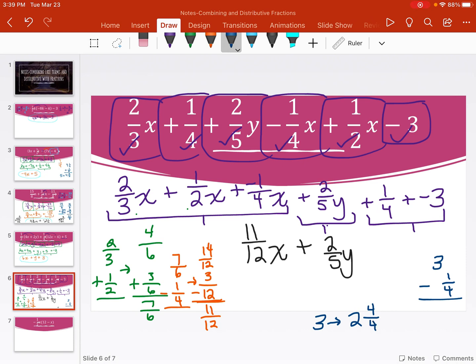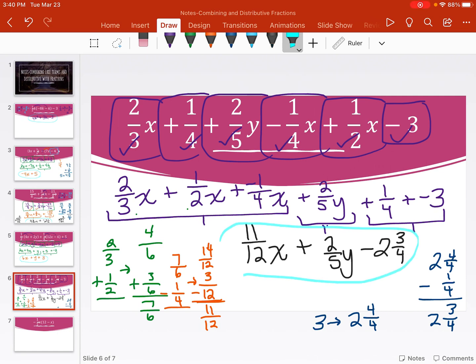Those are equivalent to each other. I'm just rewriting it so I actually have a fraction to subtract from. So 2 4/4. And now I can subtract and I get 2 3/4. The bigger number was negative, so -2 and 3/4. So there's my answer, 11 twelfths x plus 2/5 y minus 2 3/4.